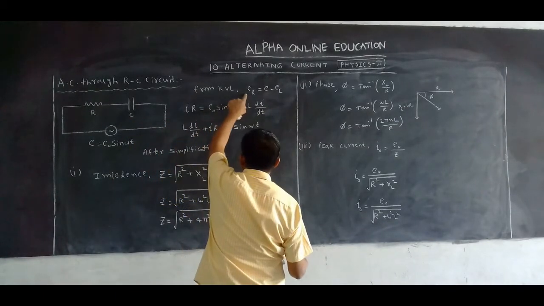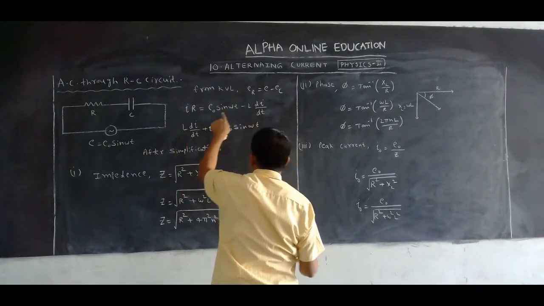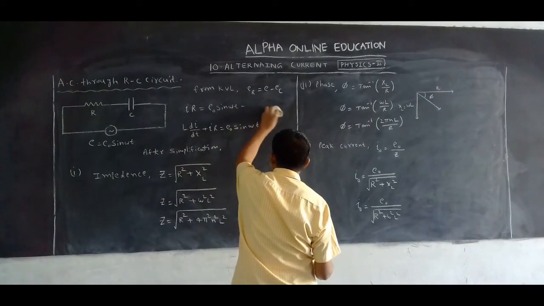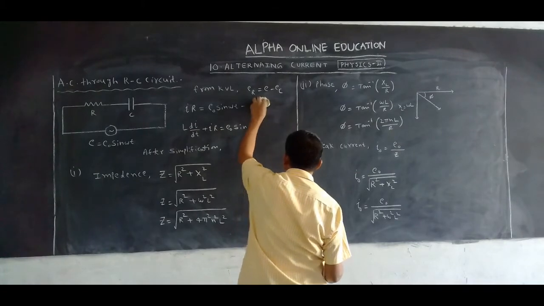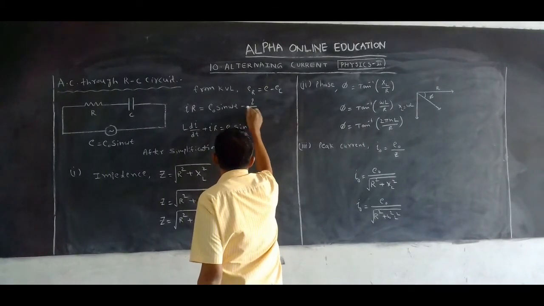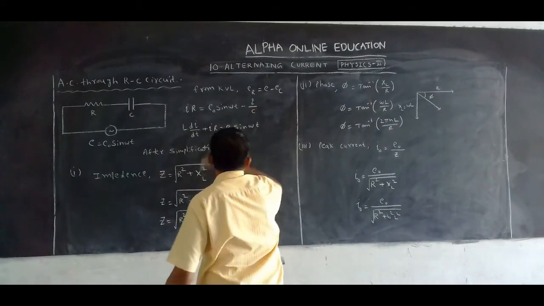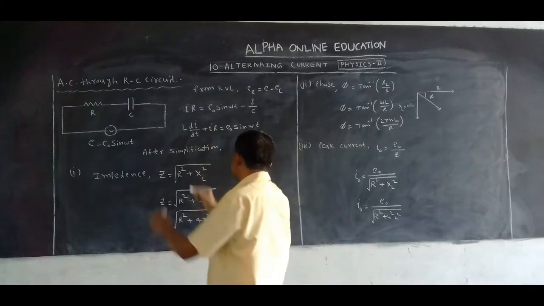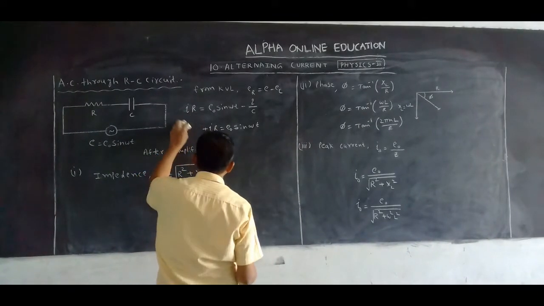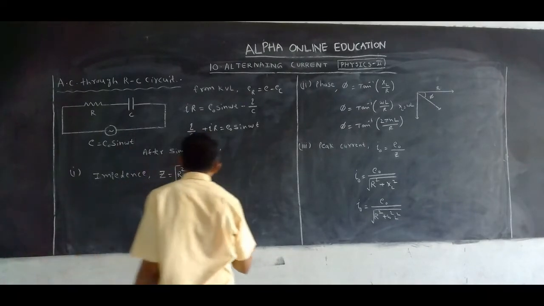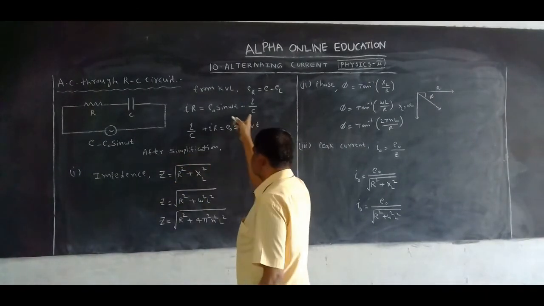This is ER is equal to IR, E is equal to E0 sin omega t, but EC is equal to Q by C. EC is equal to how much? Q by C. Take that in this side. What we can get? Q by C plus IR.